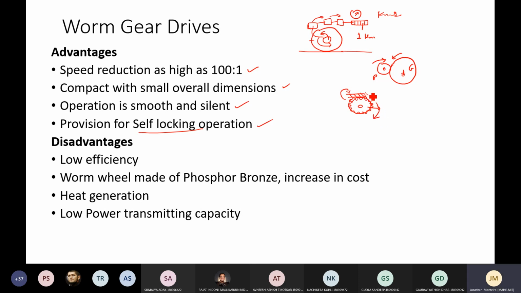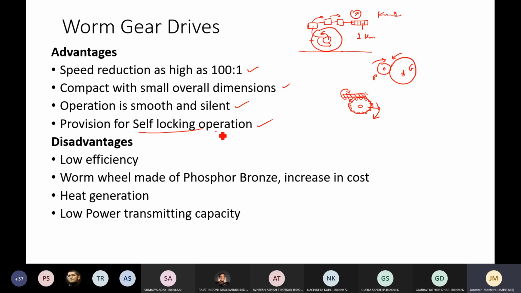The axis of transmission is totally different. There are some cases where a worm wheel can rotate the worm back, okay, but not all the cases. You can arrange the angle in such a way that self-locking is possible. That is, only when the worm rotates, the worm wheel can rotate. The reverse is not possible.